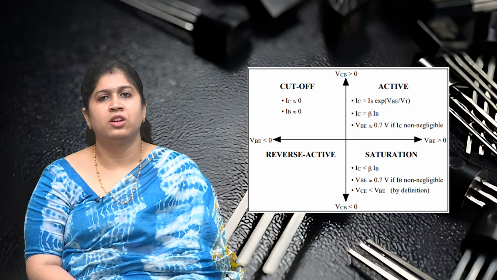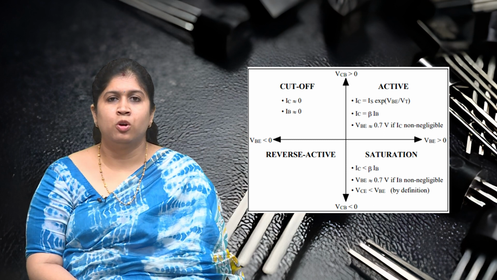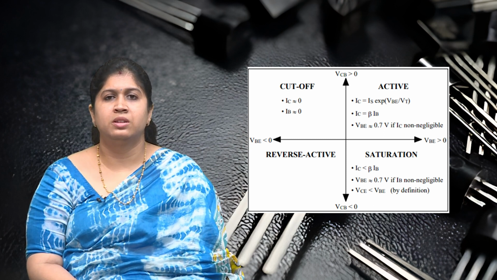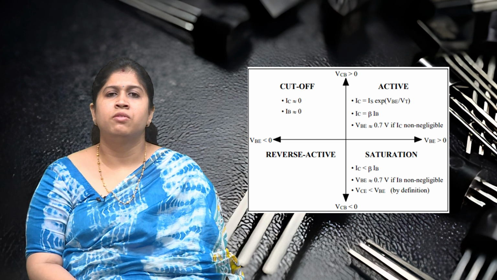VC is negative. One important point to note is that for the saturation region IC is less than beta IB. VBE is 0.7 if IB is non-negligible. VCE is less than VBE.